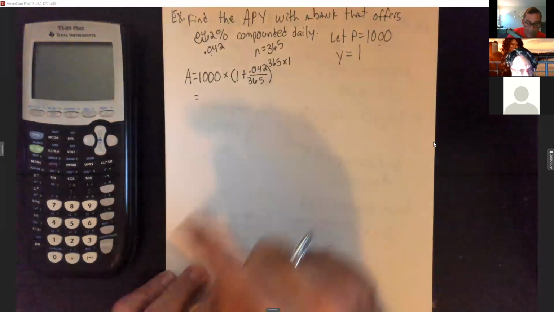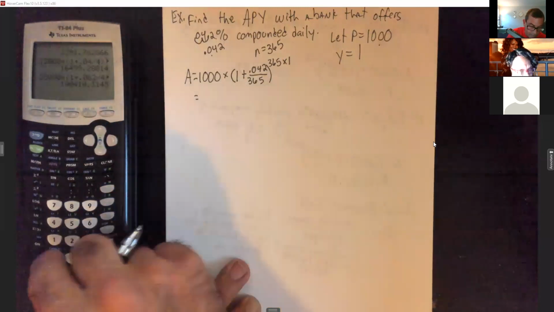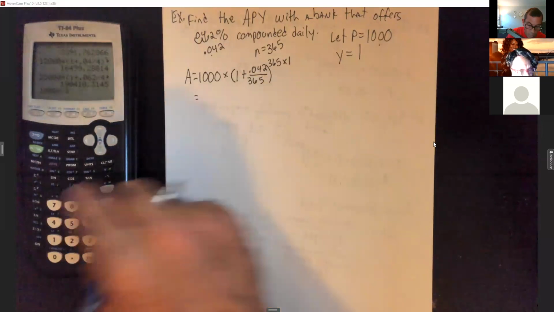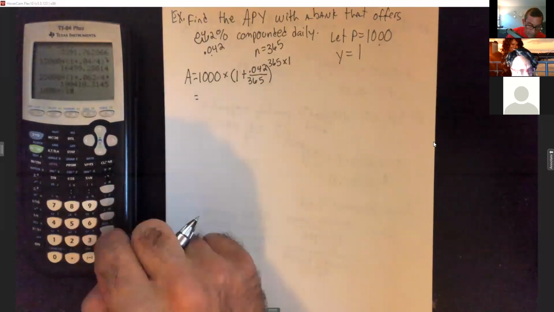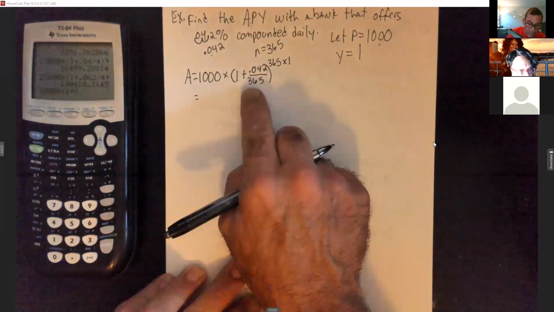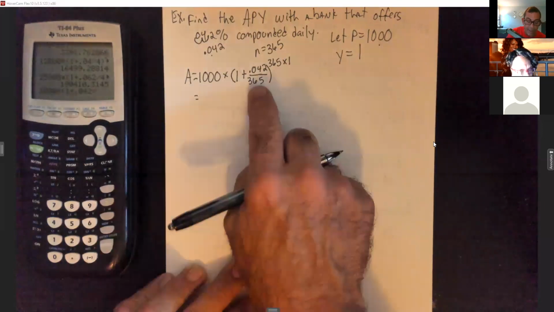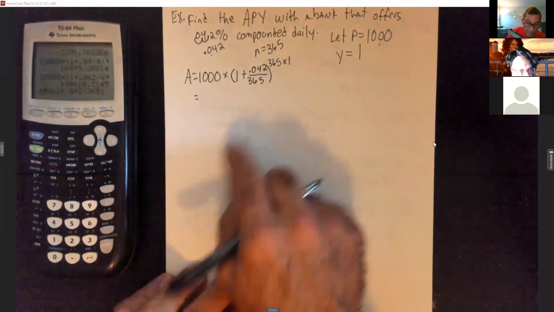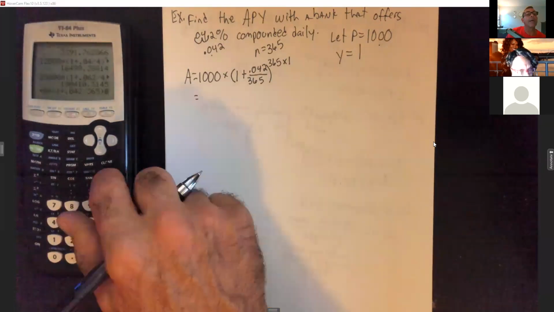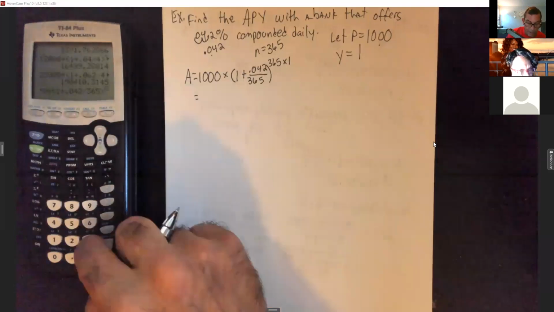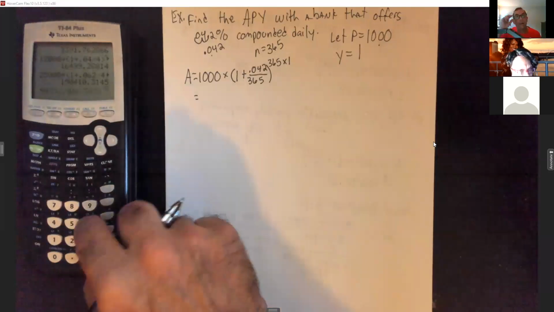So I'm going to punch that on my calculator. I got 1,000 times parenthesis 1 plus 0.042 divided by 365, close parentheses, caret for the exponent, and then 365 times 1 is basically 365.